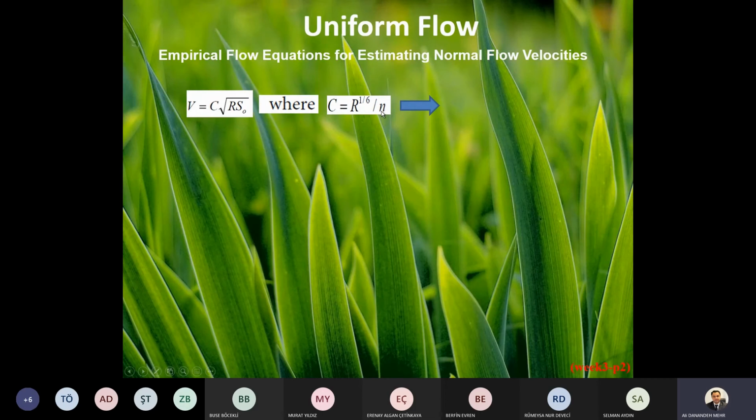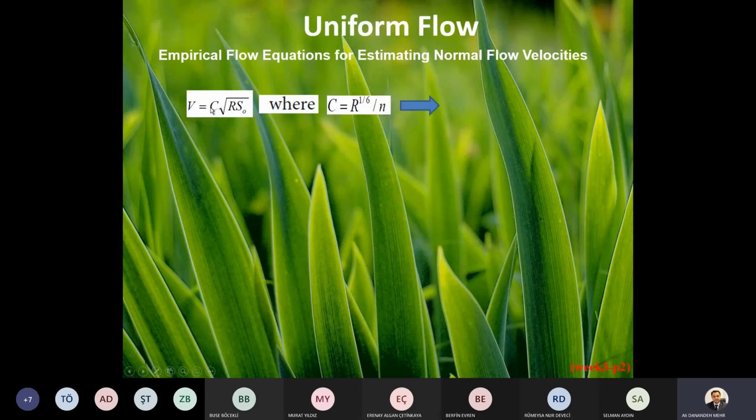Therefore, Manning roughness is always against the velocity and discharge. So Manning, who provided this formula based on experimental works, gathered lots of information from natural rivers and calculated hydraulic radius and measured velocity.